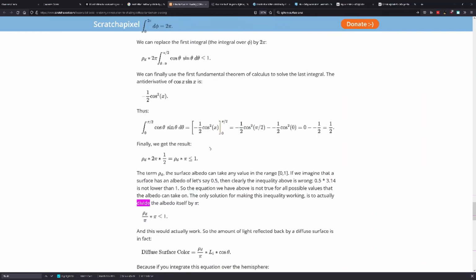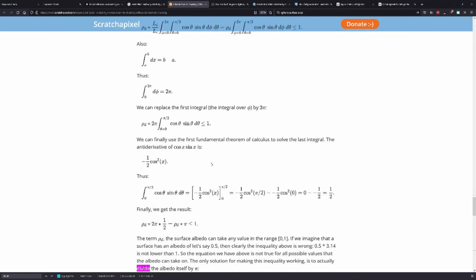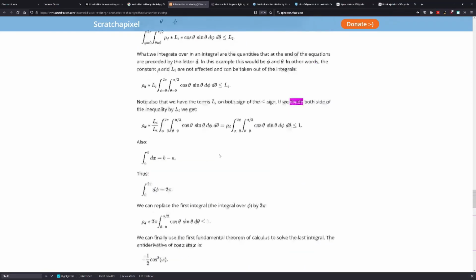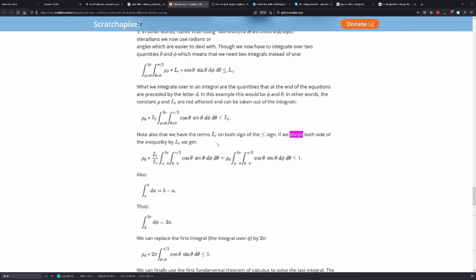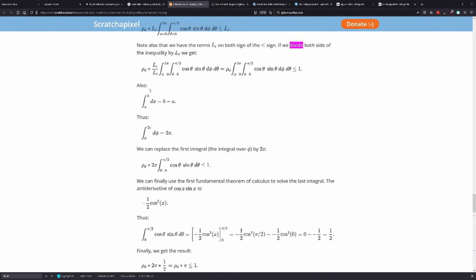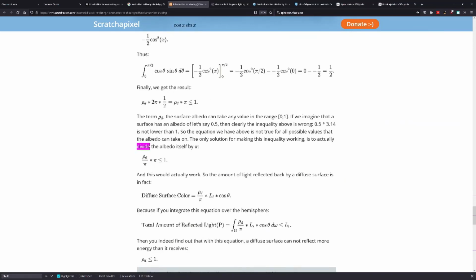So this seems like it would actually prove why that's the case, rather than just saying that is what it is. I think it's just that we have an integral that needs to be 1, and then we use some derivation to conclude at the end we need to divide albedo by pi.